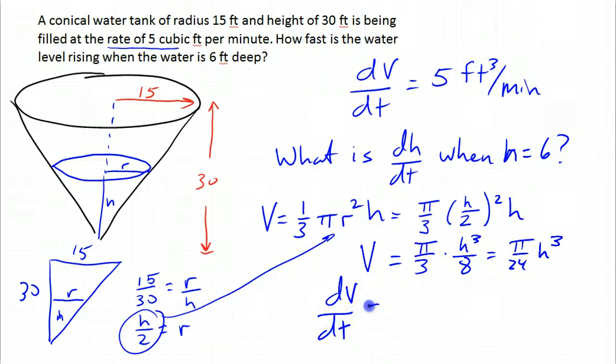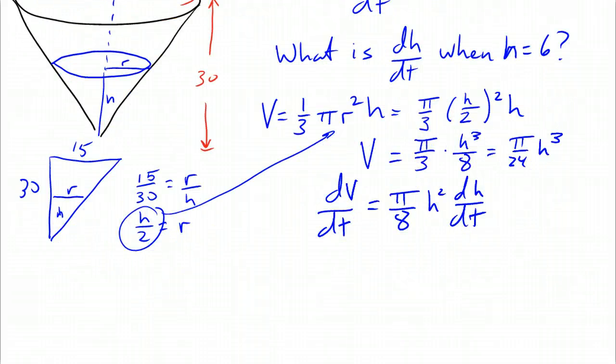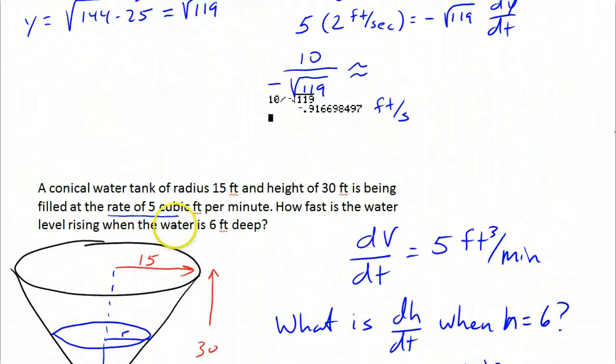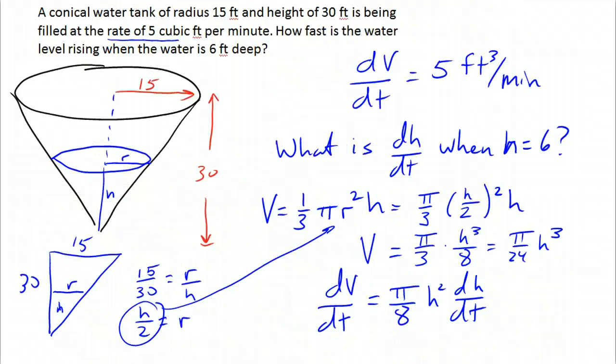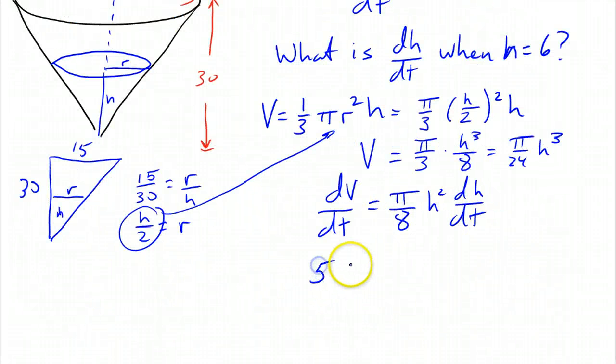Now we're ready to take the derivative with respect to time. So dV/dt is pi over 8, because the 3 comes around and it cancels a 3 out of that 24. I get pi over 8 h squared dh/dt. Okay, well, remember that dV/dt is 5 cubic feet per minute. So that goes in right there.